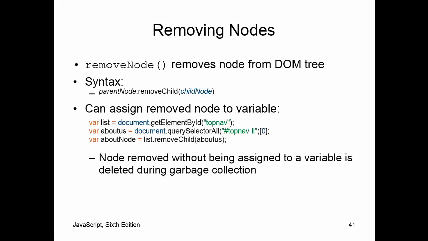Well, just like you want to insert nodes, at least on occasion, you may wish to remove nodes from the DOM tree. You can do this with the remove child method, and you can see the syntax. Parent node dot remove child, then with the name of the child node. The node then is removed without being assigned to a variable, is going to be deleted.